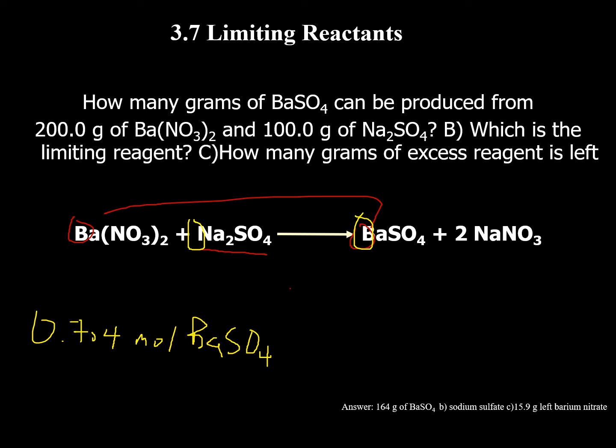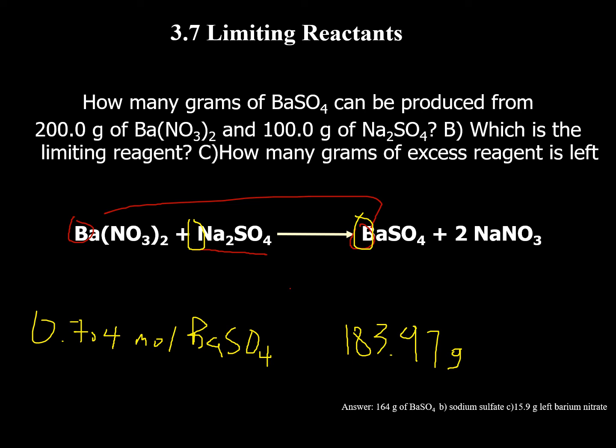It's a 1-to-1 ratio to get us the moles of barium nitrate. And once I have the moles, I multiply by 261.33 grams per mole of barium nitrate, which is the molar mass from the periodic table, and I get 183.97 grams of barium nitrate.